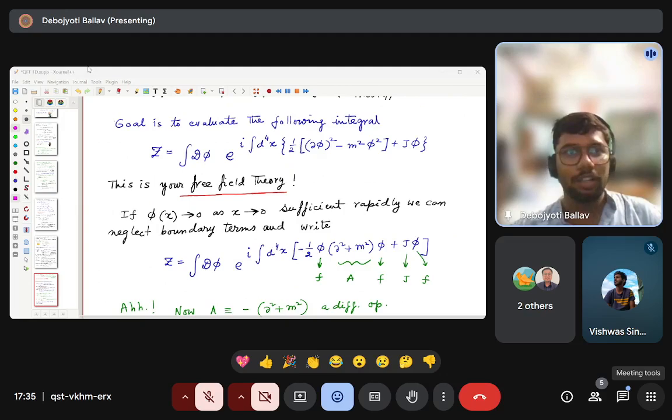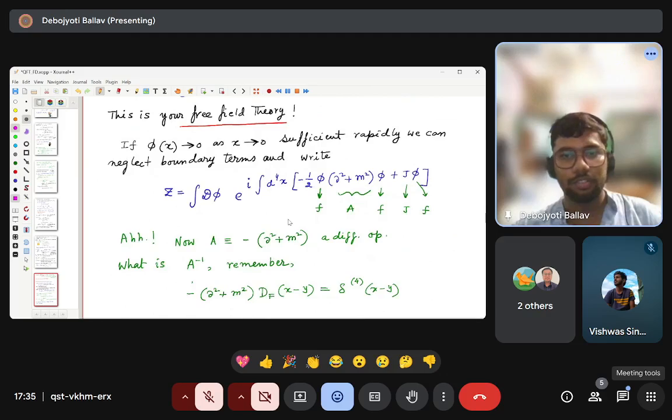But this a is now a differential operator rather than just a function or a matrix. So how do we find the inverse of this operator? You remember, you have to find this inverse. This differential operator acting on some Green's function gives you a Dirac delta function, and you can find the Green's function for your Klein-Gordon operator, and you will find this D of x minus y.